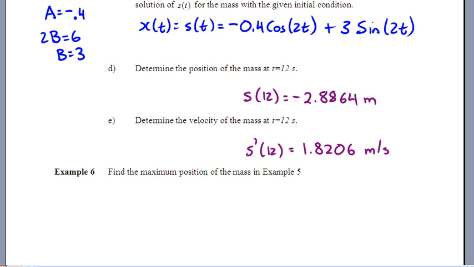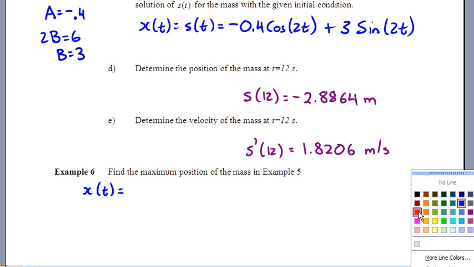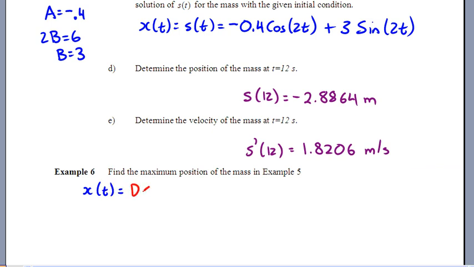So I'm looking back at the last page that we were working on, and we said, oh, okay, well, you could say that your x, whatever you want to call it, could be, what did we say? We said it was D cosine of phi times the sine of 2t.